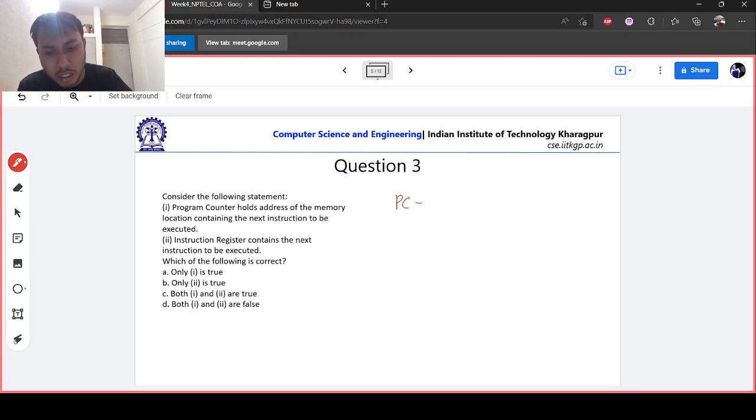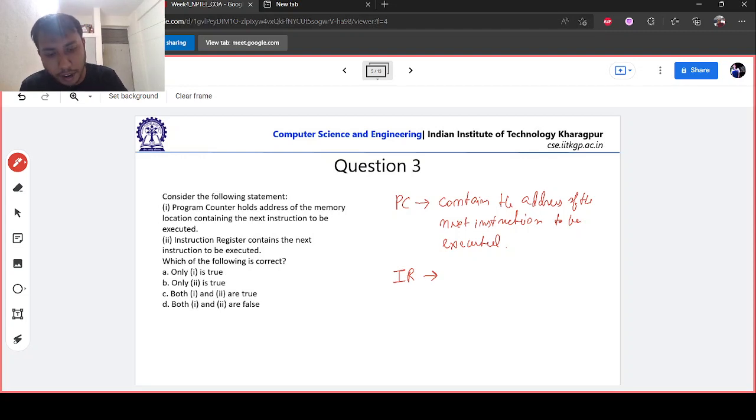what is a PC? PC contains the address of the next instruction to be executed. And what does IR store?